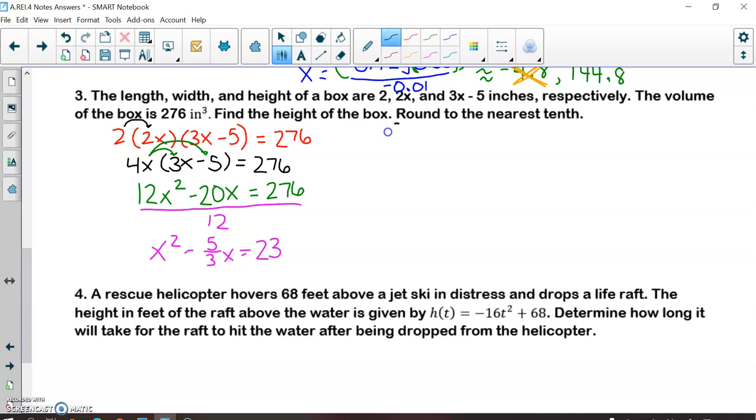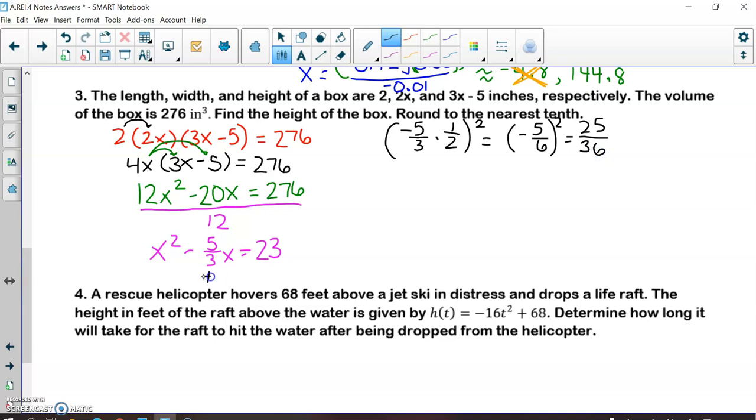Now we take our b value, which is negative 5/3, and we divide by 2, or in this case, since it is a fraction, we're going to multiply by 1/2. And then we square that number. A negative 5/3 times 1/2 is a negative 5/6. And then squaring that, negative 5 squared is 25, 6 squared is 36.